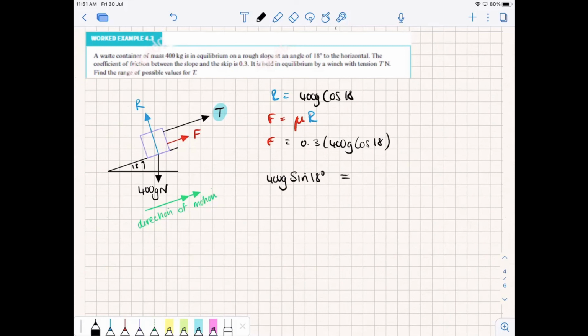The tension and the friction are both acting in the opposite direction. The tension is what I'm trying to work out, and the friction we will add, and that's going to be 0.3 times 400 g cos 18 degrees. And so in one step on my calculator, you can see I can calculate the tension.